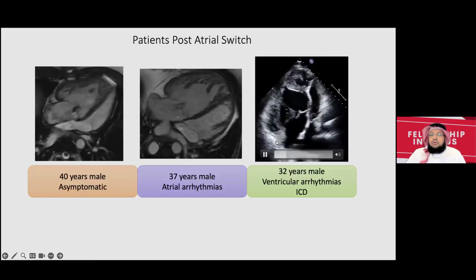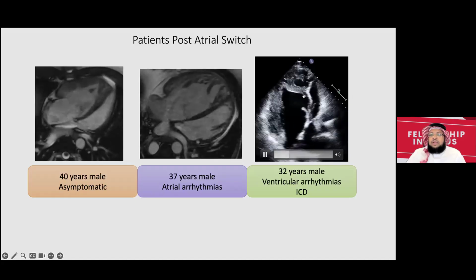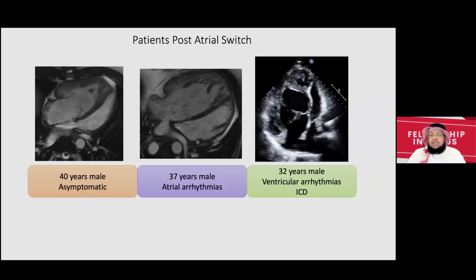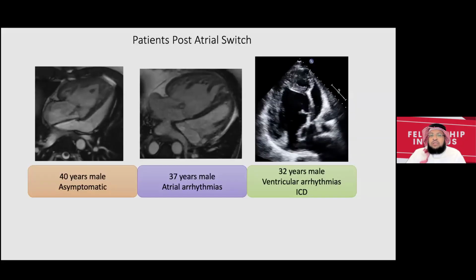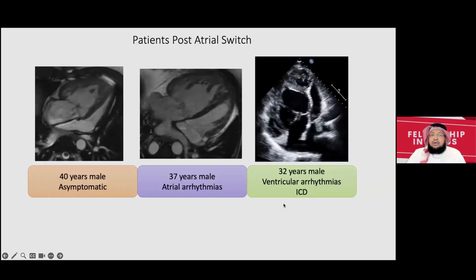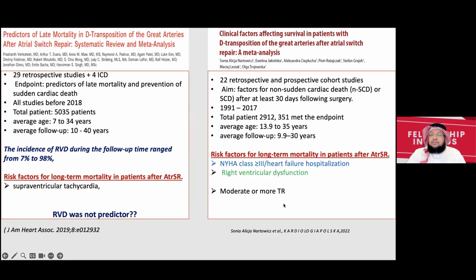This patient had ventricular arrhythmias and had an ICD. Unfortunately, this patient died 2 years back. So also we have different clinical scenarios, although at first inspection of those echoes, it seems like they are all the same.